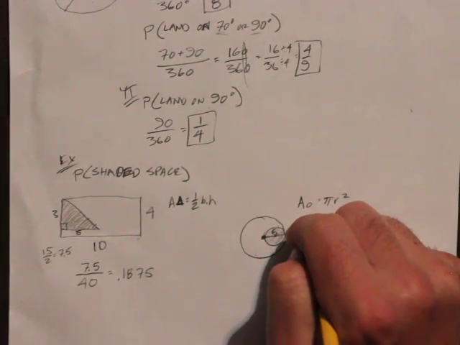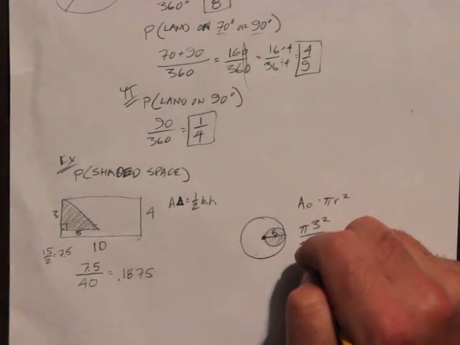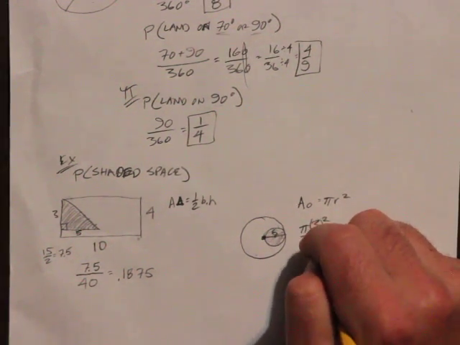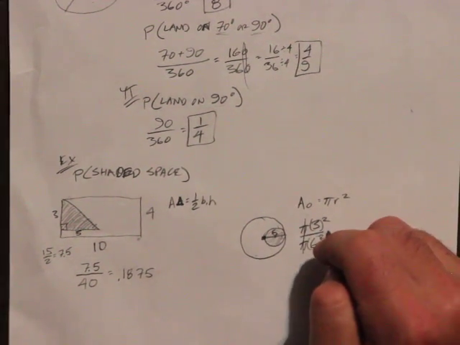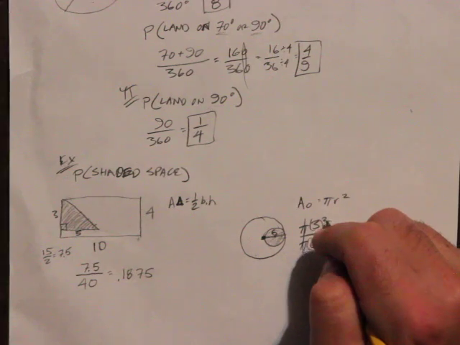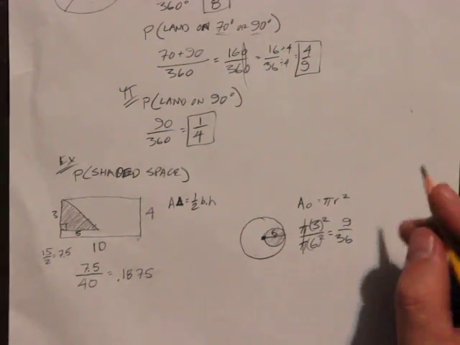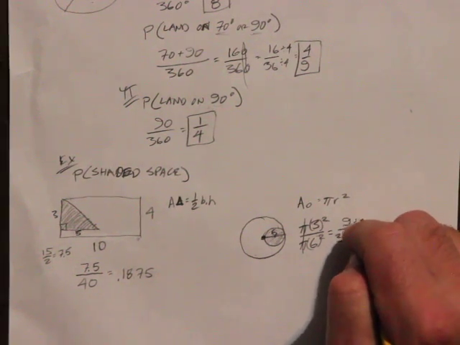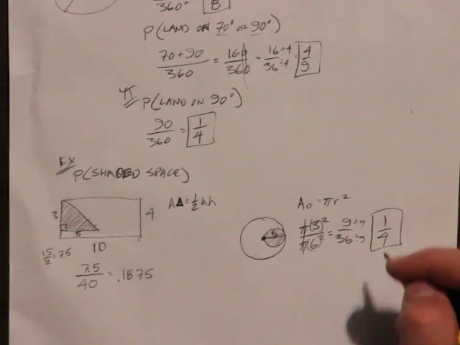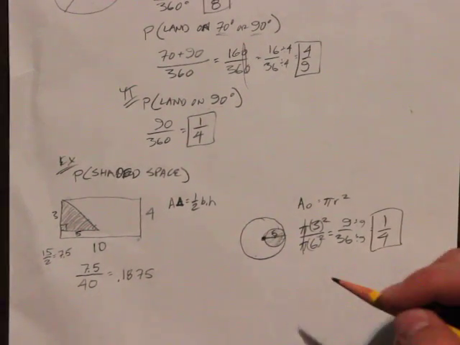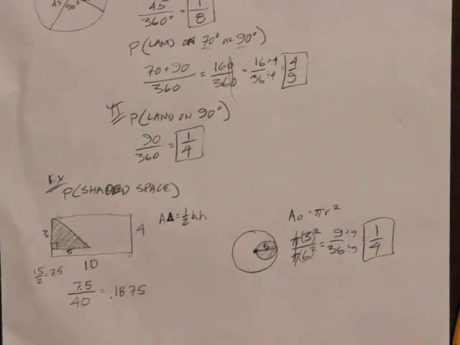So pi times 3 squared over pi times 6 squared is going to get me my probability here. Pi over pi is 1. And so I end up with 3 squared, which is 9, over 6 squared, which is 36. Divide the top and the bottom both by 9, and I have 1/4. 1/4 probability of landing in that shaded area. And that is 13-3.